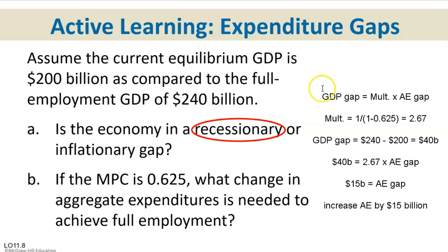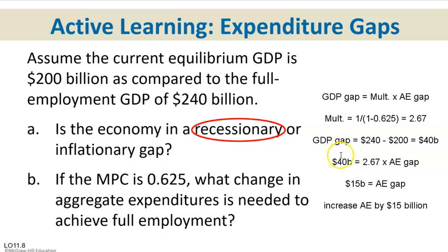The next thing that we need is the GDP gap. Remember, the GDP gap is the difference between the current equilibrium GDP and the full employment level of GDP. So we're going to find the difference between these two values. Our GDP gap is going to be 240 minus 200 billion, and that gives us 40 billion. Then we can plug that number into our formula.